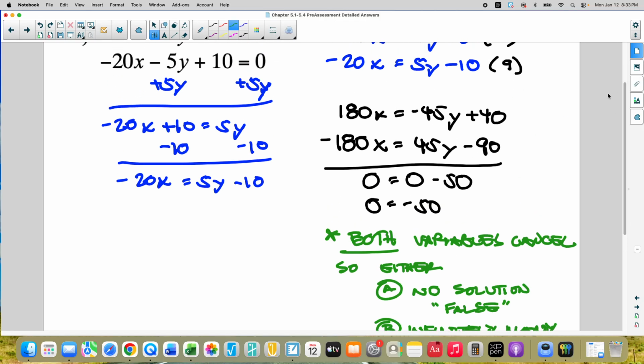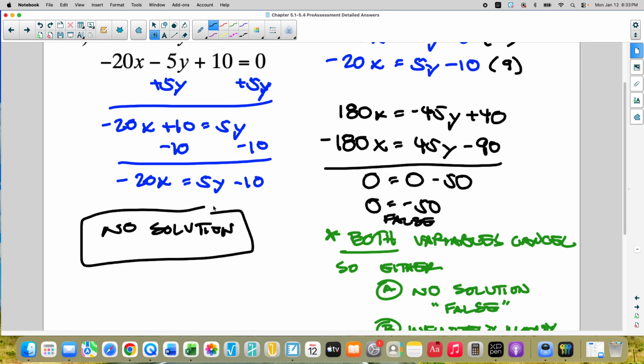This is when we're solving, using elimination, and this is a false statement. 0 does not equal negative 50, so my answer is no solution.